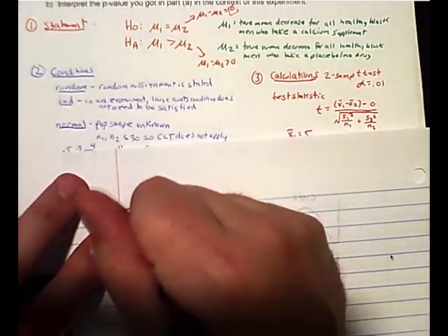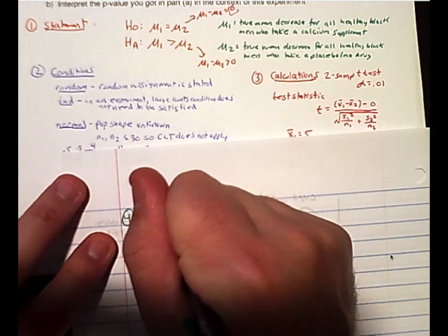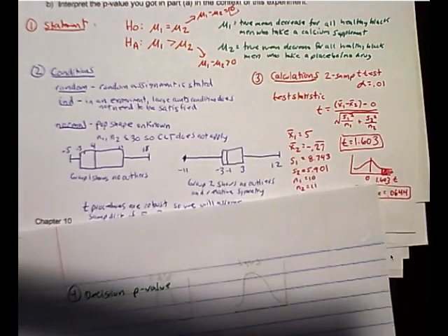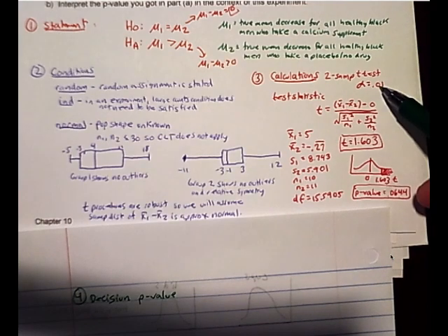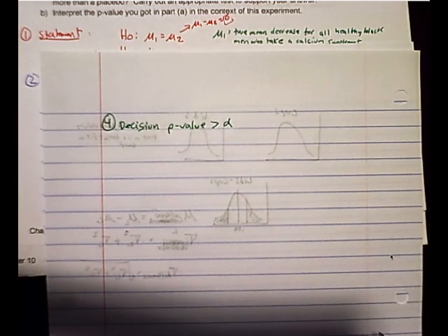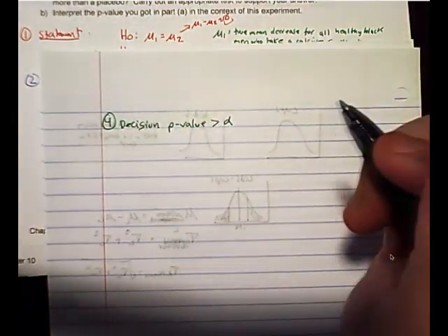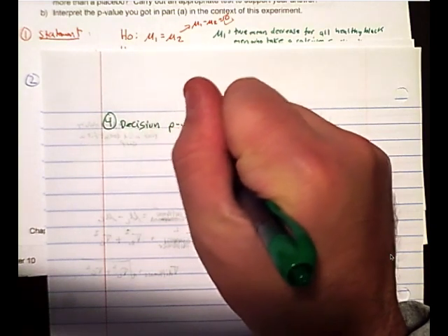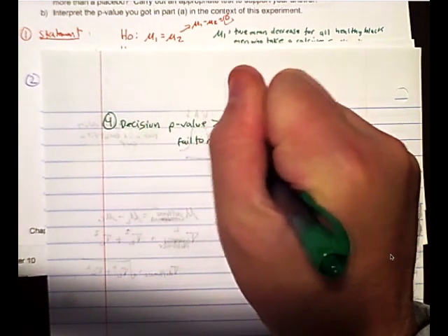Okay, so 4 is the decision portion. Well, in our case, the p-value was about 0.06, but I chose an alpha of 0.01. So the p-value is actually greater than the alpha, so the p is not low here. When p is low, you reject the null, this one's not, so we fail to reject the null hypothesis.